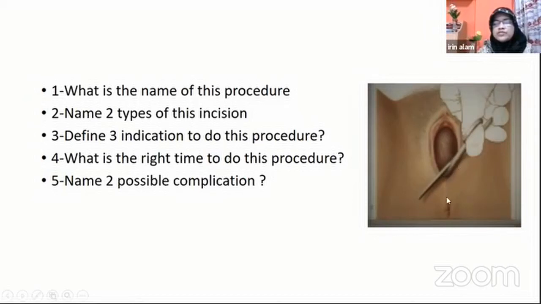Also, there may be midline incision. Define 3 indications of this procedure. If the fetus is large and the perineum rigid, you have to give episiotomy, or during forceps delivery, you have to give episiotomy.